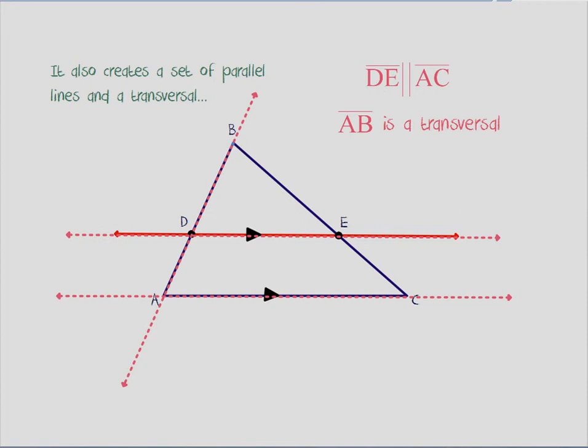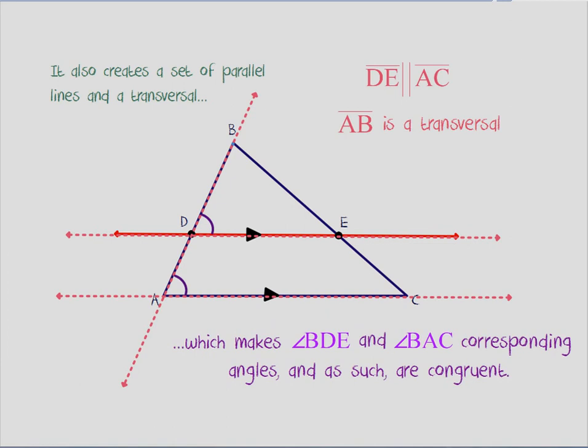A transversal intersects two parallel lines. Well, let's take a look at what that does for our angles. That makes angle BDE, this little angle in here, and BAC, the angle down here, corresponding angles. And as we know, corresponding angles are congruent if the lines are parallel.